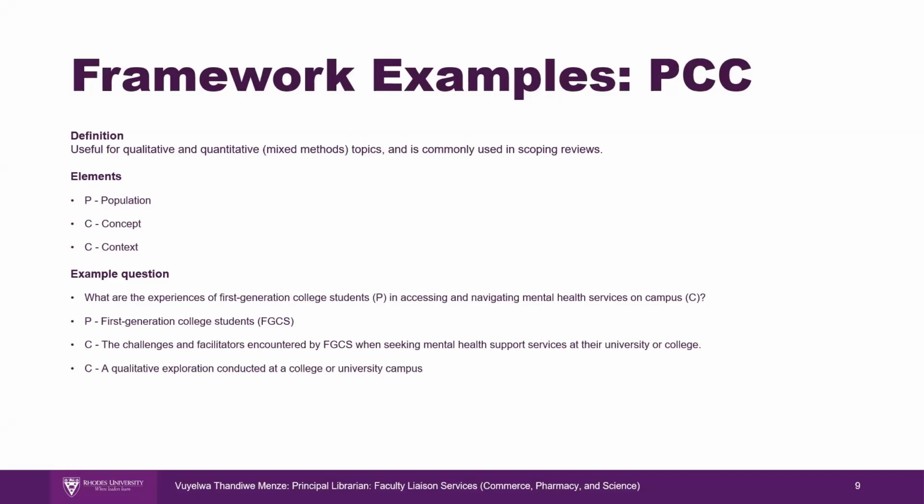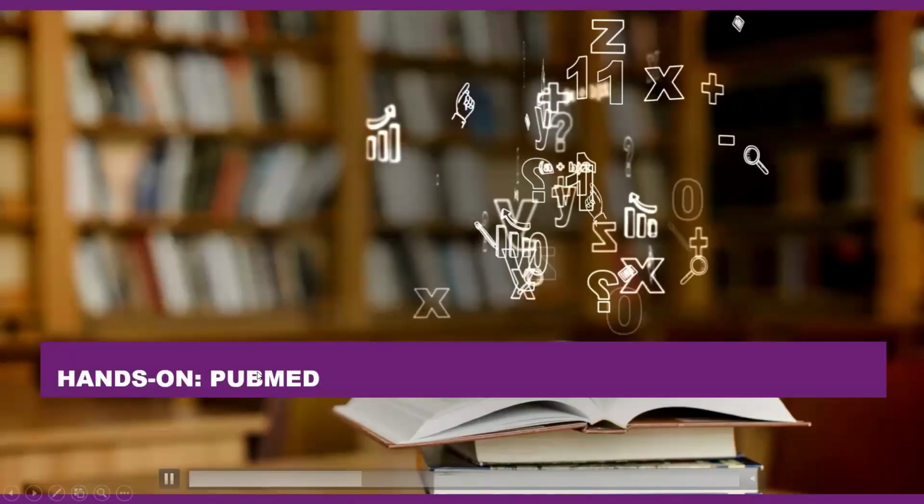Examples would be tools for evidence synthesis, evidence synthesis standards, literature searching tools, screening tools, data extraction tools, meta-analysis tools, critical appraisal checklists, tools for grading the strength of evidence, as well as risk of bias tools. I will exit the PowerPoint.